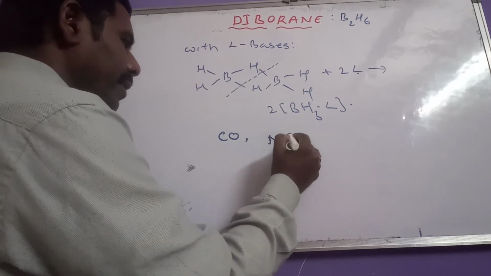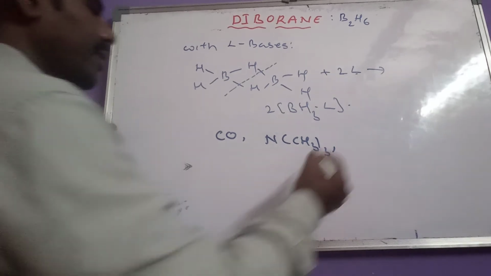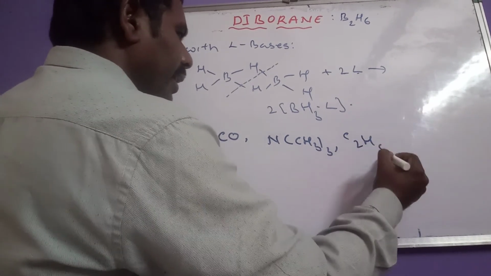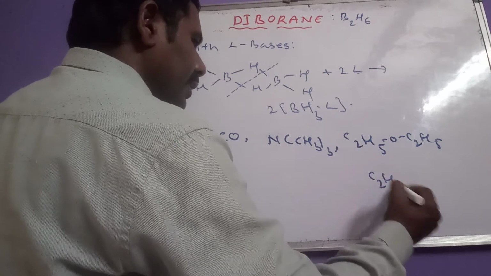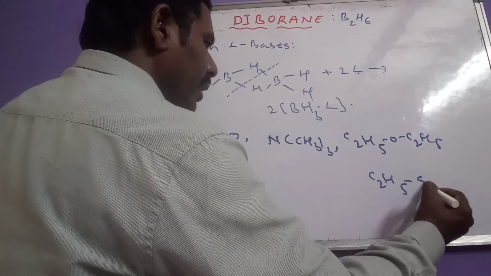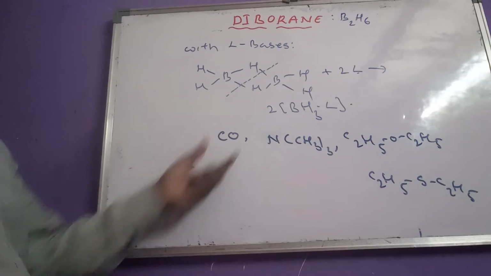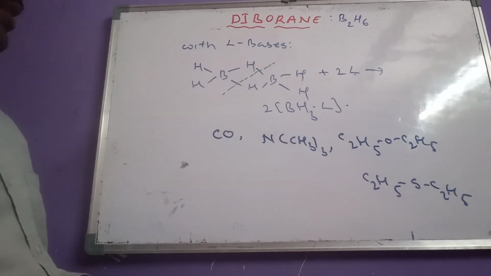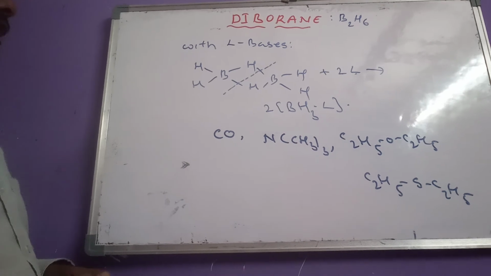In which Lewis bases is this homolytic cleavage observed? First one carbon monoxide CO, trimethylamine, diethyl ether and diethyl thioether. In these cases, we expect homolytic cleavage of diborane.